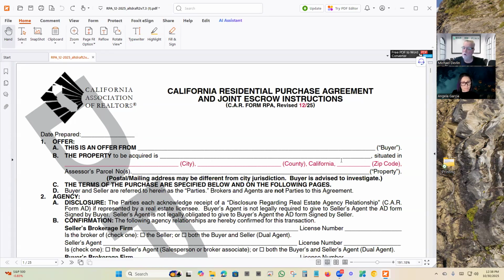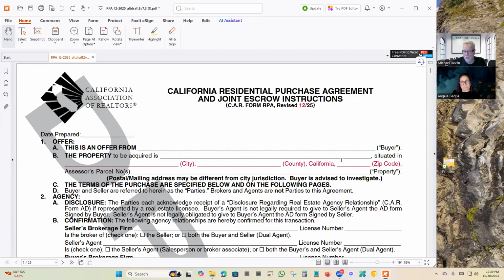Sometimes you don't know. That may seem like an odd thing to say, but a lot of times if you're purchasing land or a house that's just been built, there's sometimes just a bunch of zeros and a placeholder in the street because they haven't set up an address yet. But notice it says assessor's parcel numbers, with an S after the O for numbers.